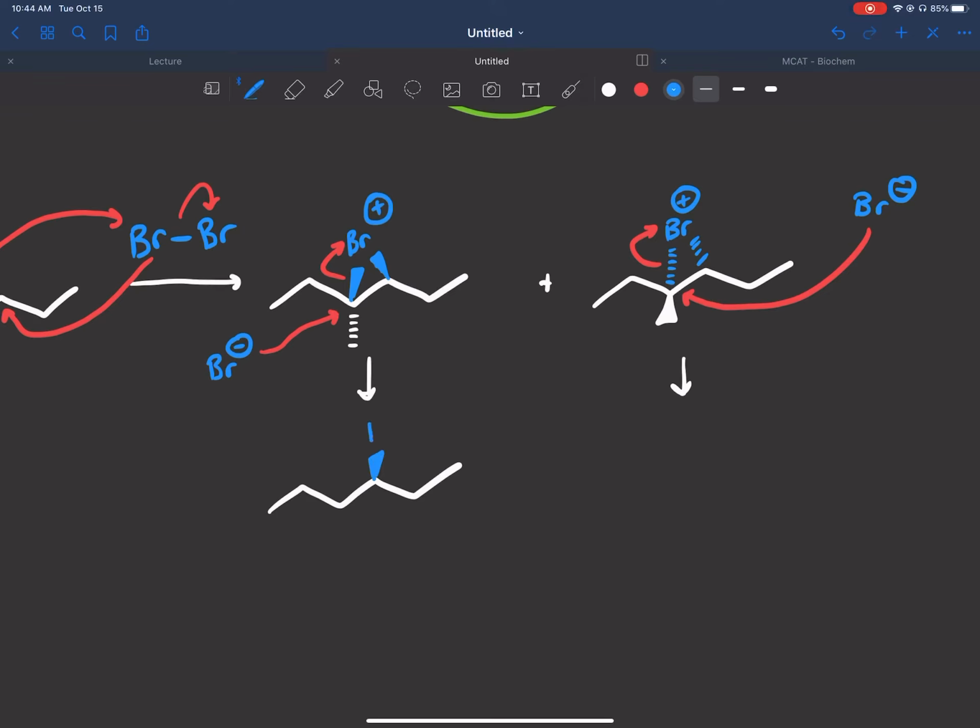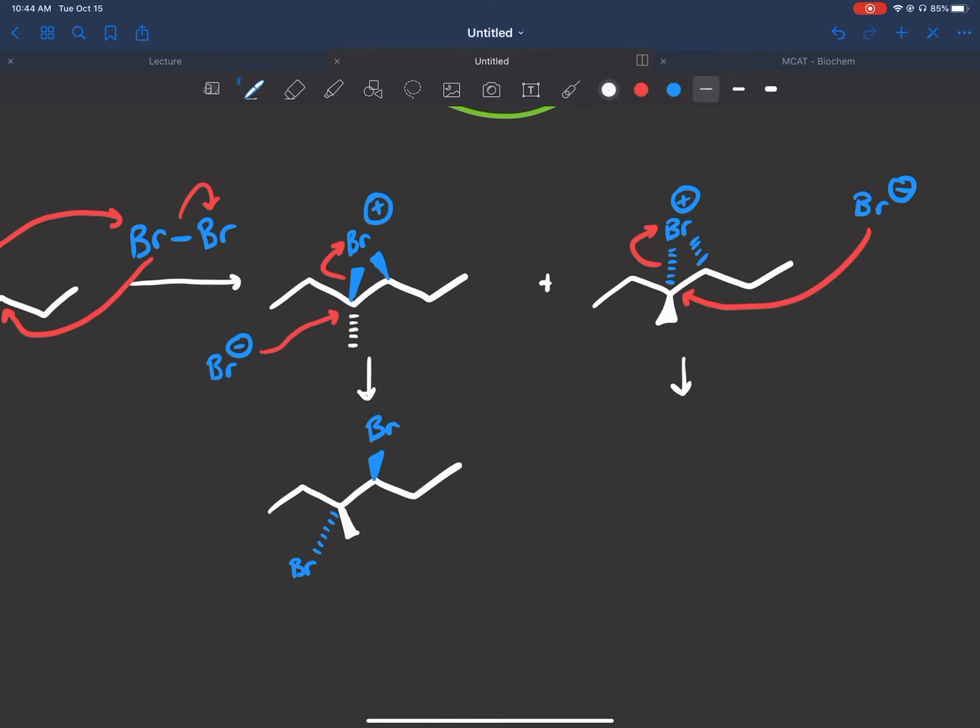So the one that is going to get kicked off, kind of, is going to now stay as wedged. The one that attacked second is going to be the opposite stereochemistry. So it's going to be now dashed. And the methyl now is wedged.